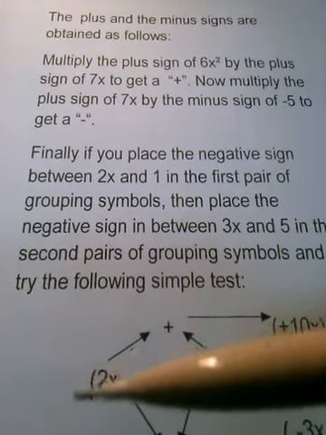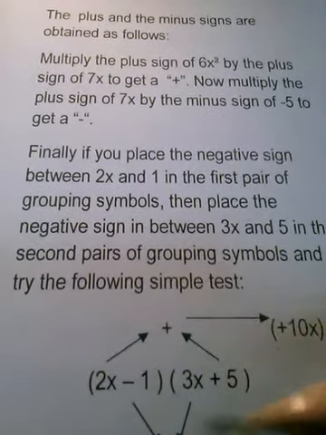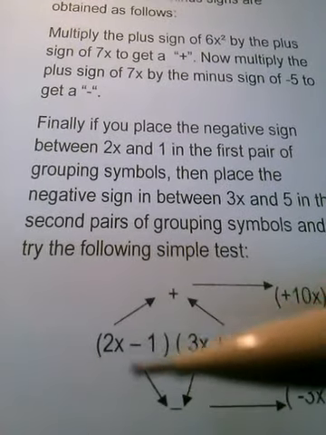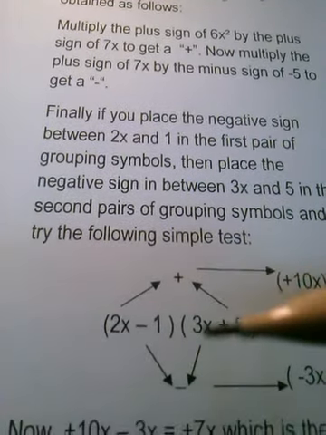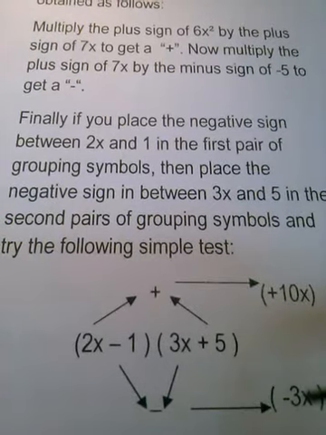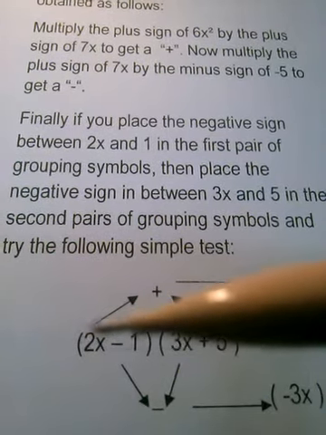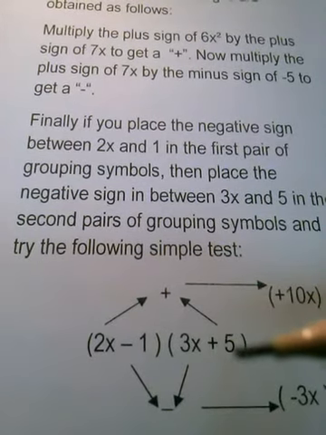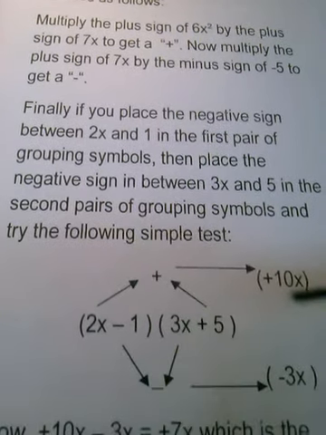Forget about the 4 which is outside, it's not written here. So if we multiply minus 1 by 3x, we're going to get minus 3x. And if we multiply 2x times 5, we will get plus 10x.